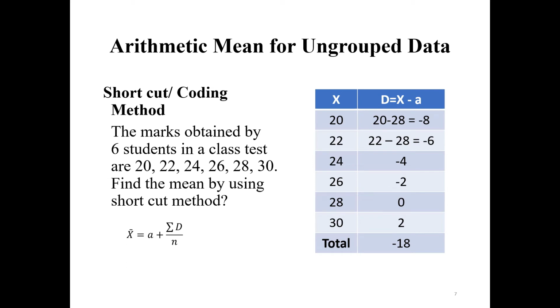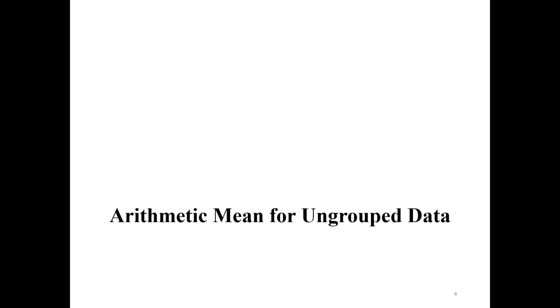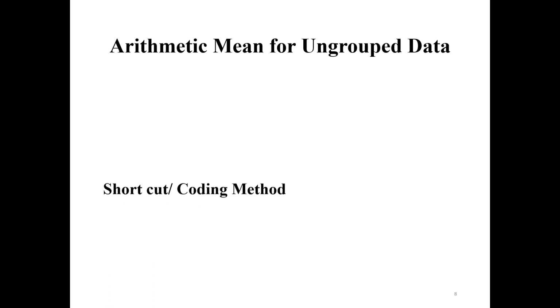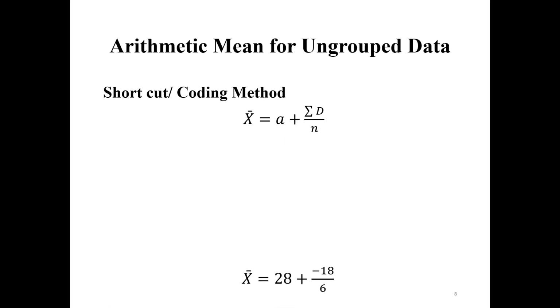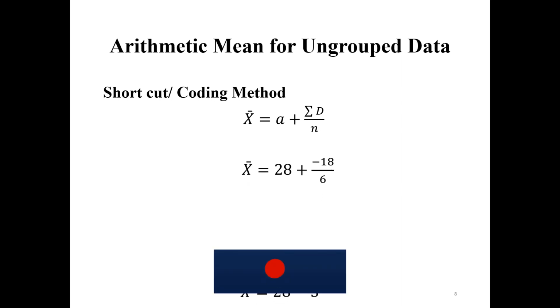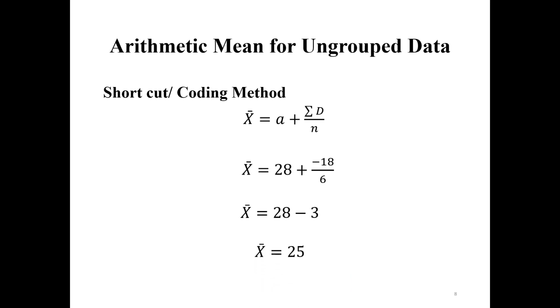And the sum of D is equal to minus 18. Again, just substitute the values in the formula and you will find that the mean will remain the same, 25. So it doesn't matter what value you choose as A, the answer will remain the same.